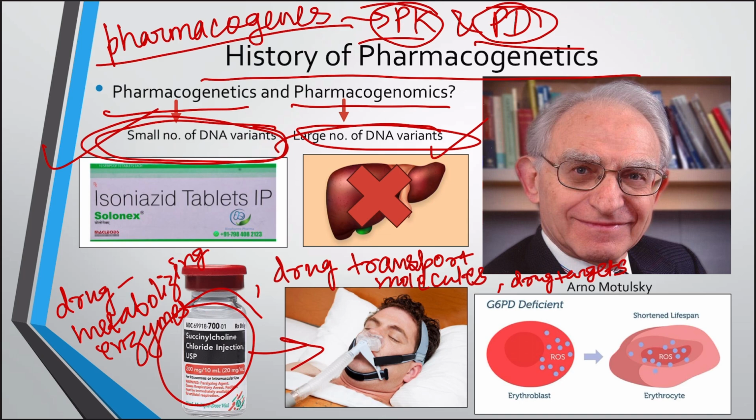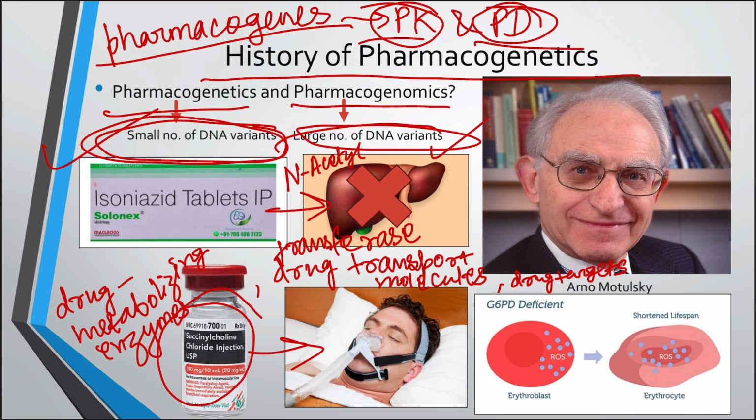The next example is isoniazid induced hepatotoxicity. Isoniazid is used as an anti-tubercular drug and it can cause hepatotoxicity in case there is a deficiency of N-acetyltransferase. So these are some of the examples where the drug response is affected by genetics.